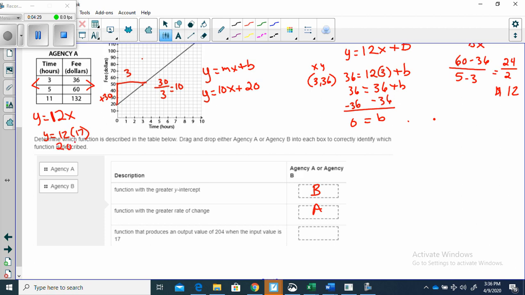Okay, we know that it is agency A. Let's see what agency B gets. Y is equal to 10 times 17 plus 20. 10 times 17 is 170 plus 20 gives me 190. Okay, so it's not this one, just the A.